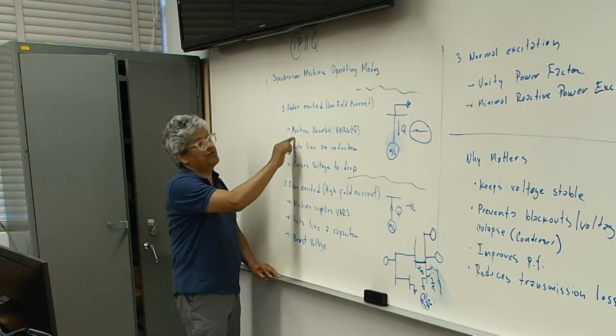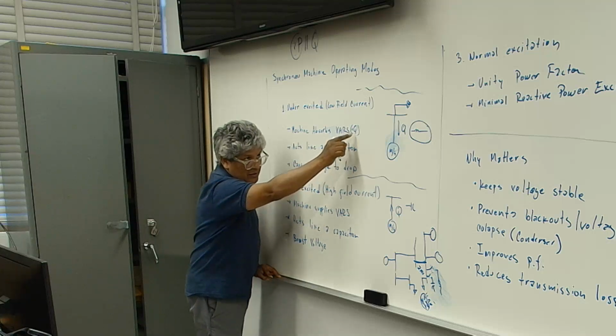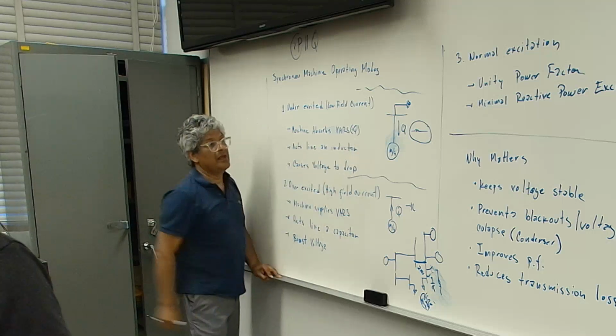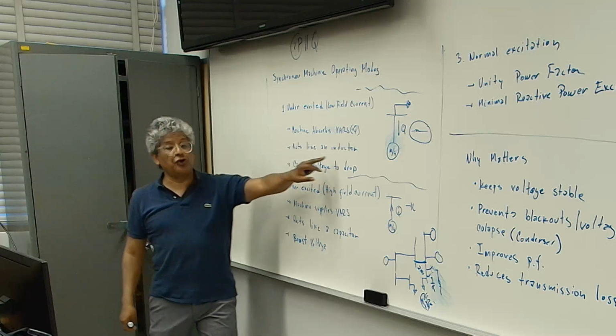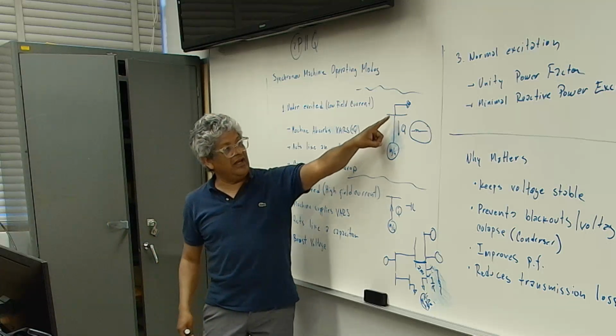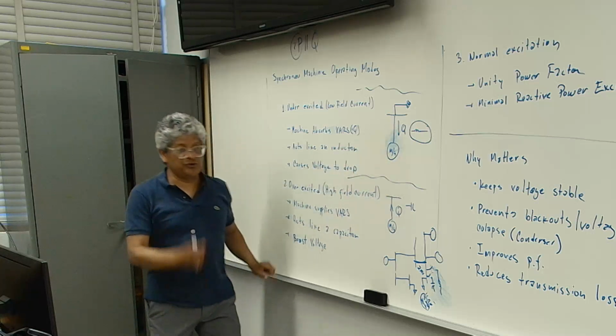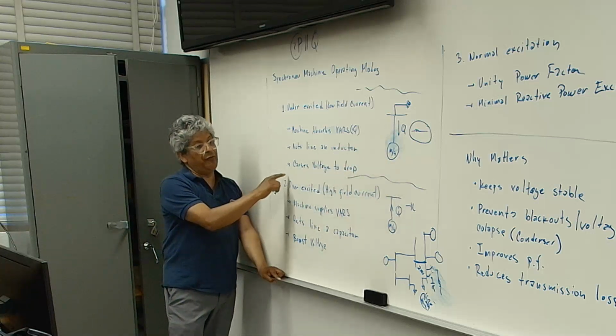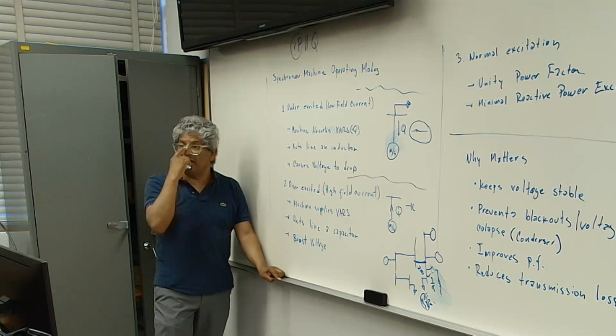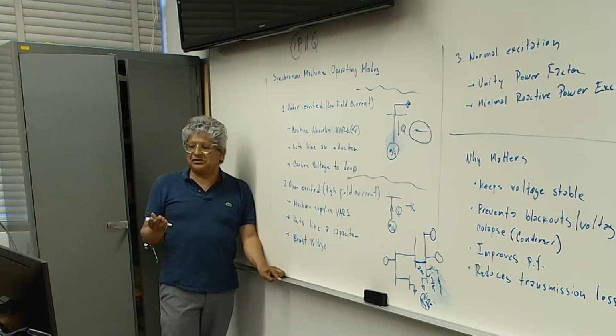The machine absorbs vars from the grid. It acts like an inductor that stores vars from the grid, okay? When it absorbs vars, the voltage goes up. On your load at your home, most of your load is resistive reactive, right?